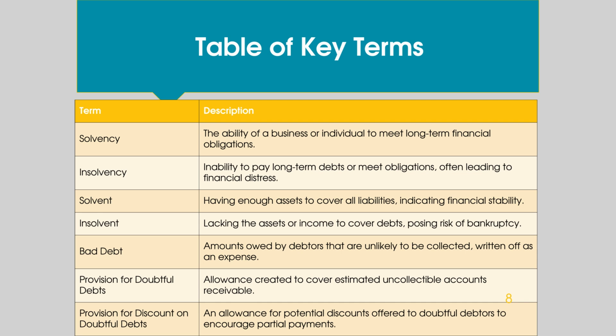Bad debt, amounts owed by debtors that are unlikely to be collected, written off as an expense. Provision for doubtful debts, allowance created to cover estimated uncollectible accounts receivable. Provision for discount on doubtful debts, an allowance for potential discounts offered to doubtful debtors to encourage partial payments.